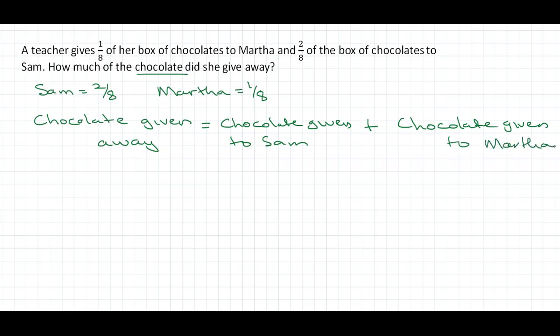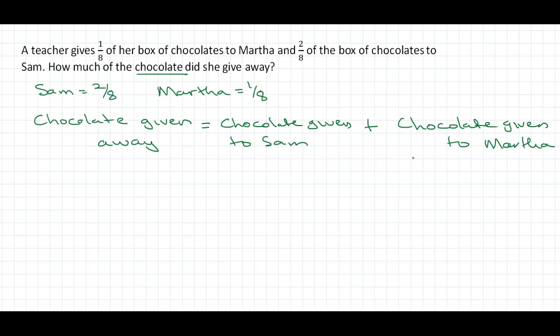So now, what do we do here? We've first of all identified what we're trying to find out. We have been able to identify what we have, and now we're writing a word sentence for this question.